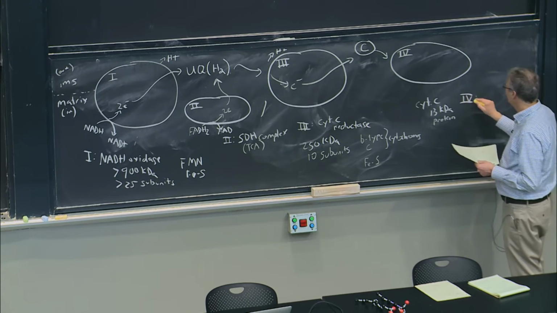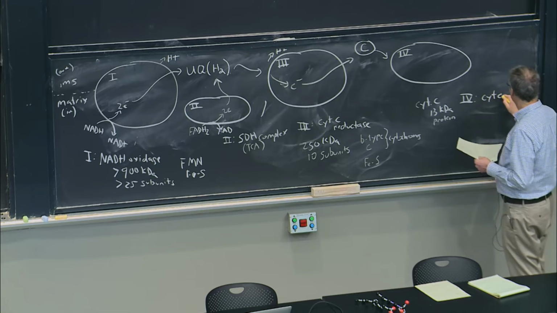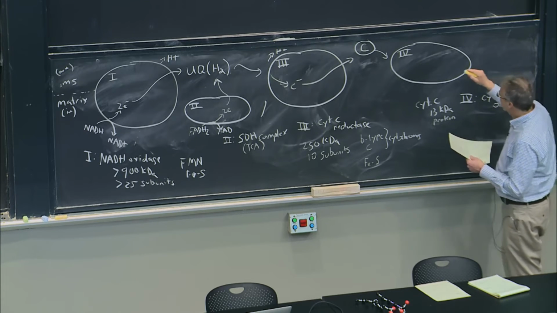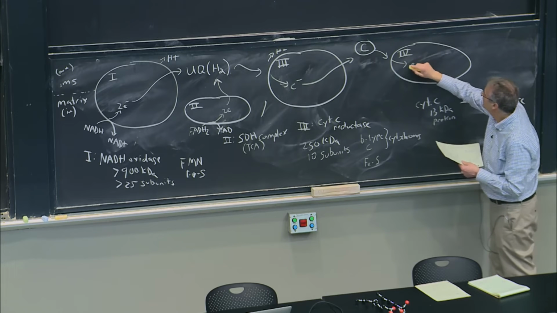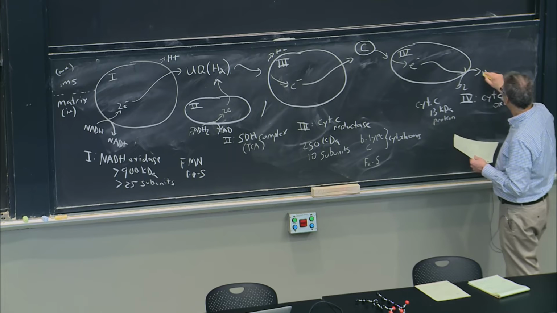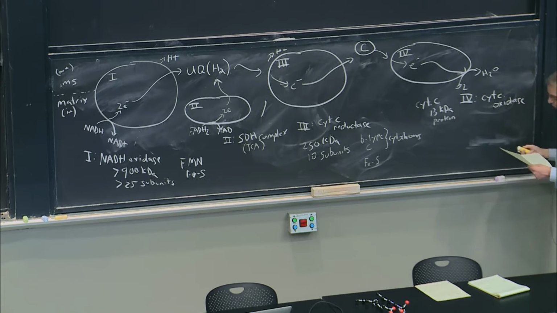Complex 4, also referred to as cytochrome C oxidase. And this is ultimately the place where electrons are transferred to reduce oxygen to water.